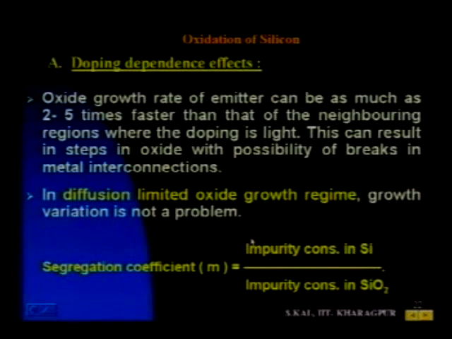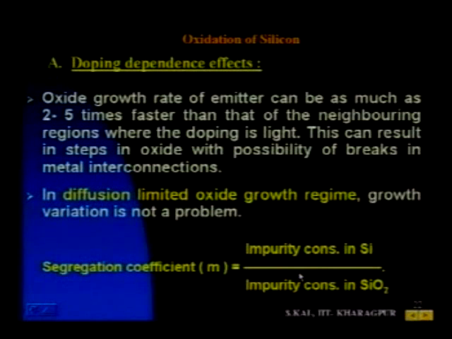The segregation coefficient is defined as the impurity concentration in silicon by impurity concentration in silicon dioxide. So it is known as M here. The M is nothing but the ratio of impurity concentration in silicon to that in silicon dioxide. That is the segregation coefficient.